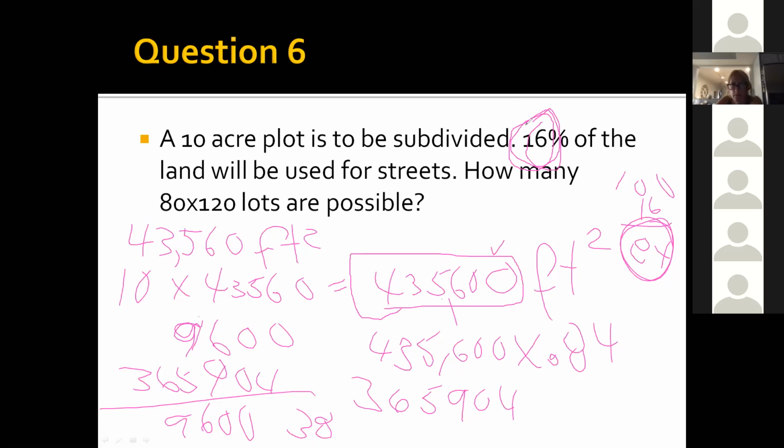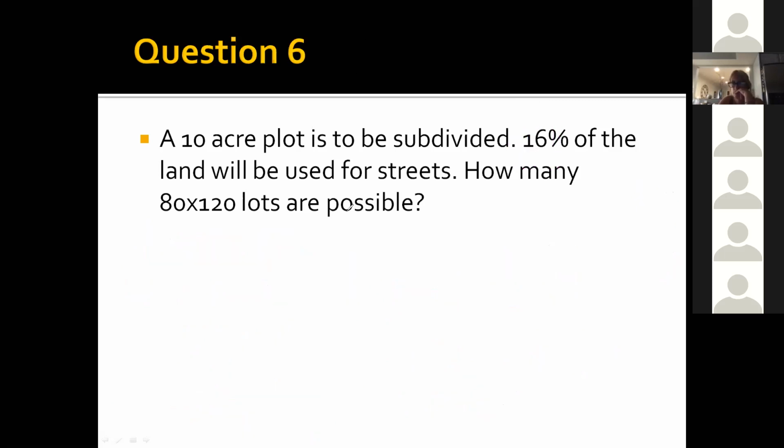Now, in real life, builders actually do consider 16% to 20% as the amount of land they need for the streets. And I'm going to tell you something that is going to confuse you a little bit, but you're going to remember that an acre is 43,560.